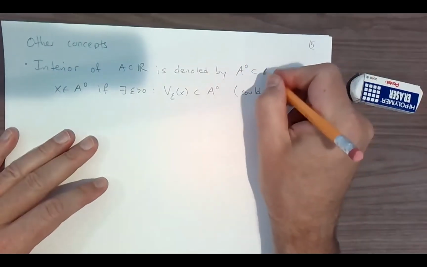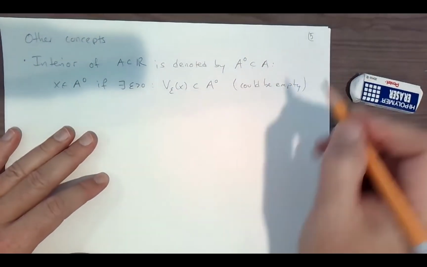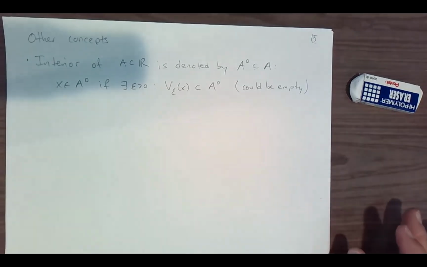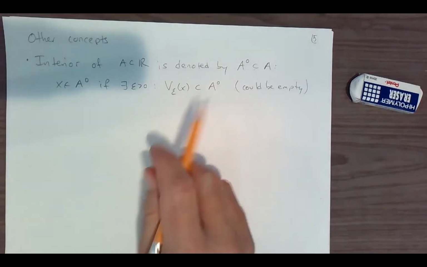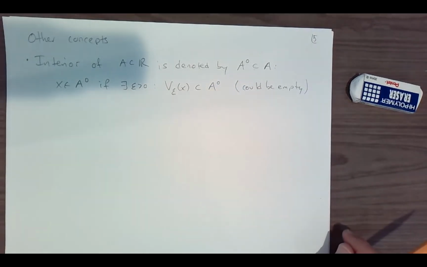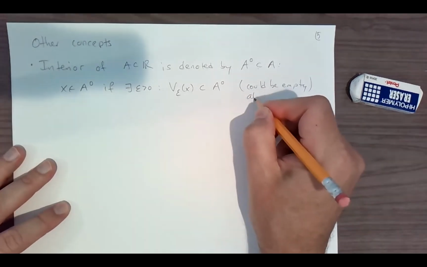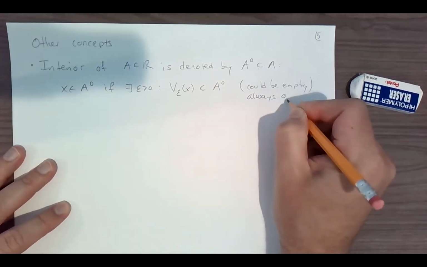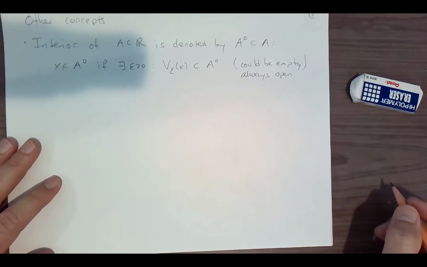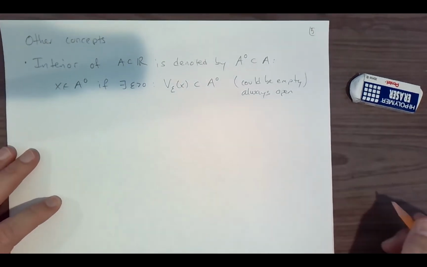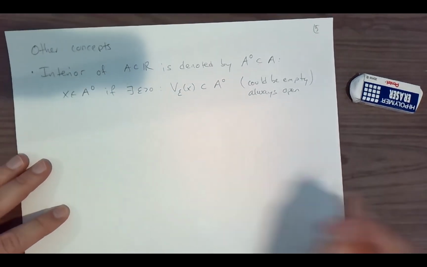If you can put a little ball around the point and stay inside A, then you're in the interior. It could be empty. It's always open. A circle is always open. So we have the interior.